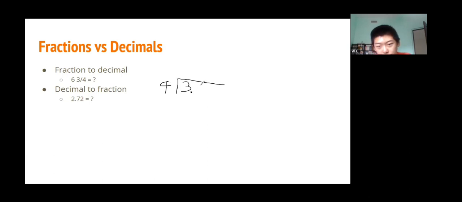So let's first add a 0. Then let's add another 0. This lets us know that the answer is 0.75.